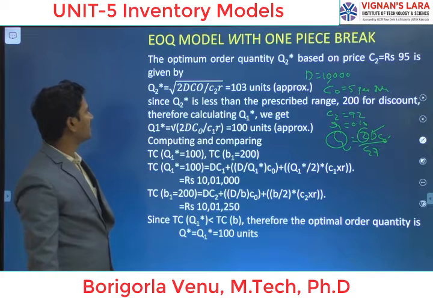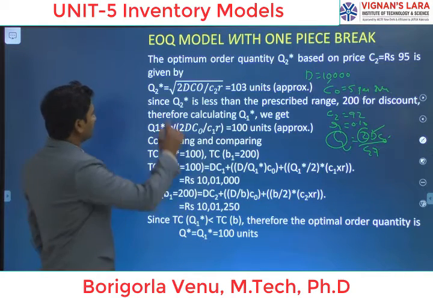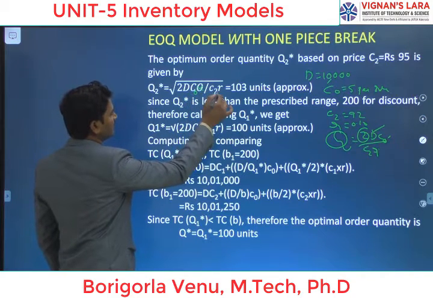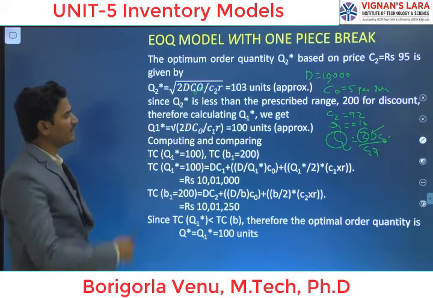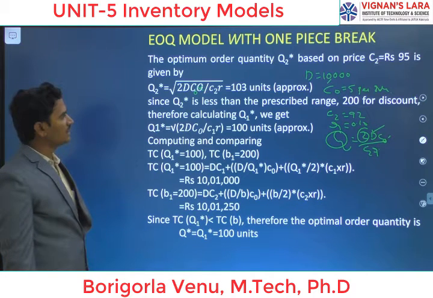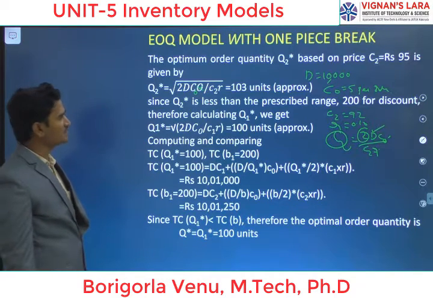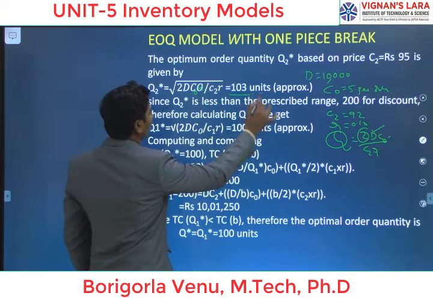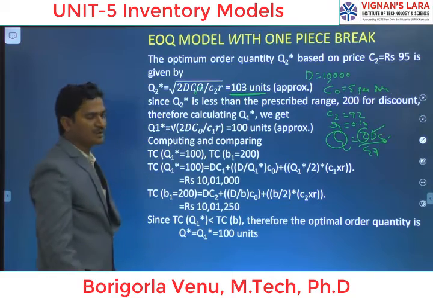Now I am going to calculate the optimum order quantity. Optimum order quantity Q2 is equal to square root of 2D C0 by C2 R. We know the D, C0, C2 and R values, so we substitute them in this equation. After substituting, we get Q2 is 103 units approximately.